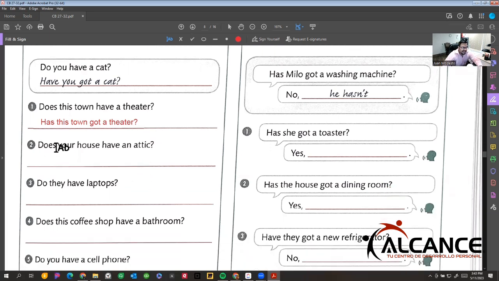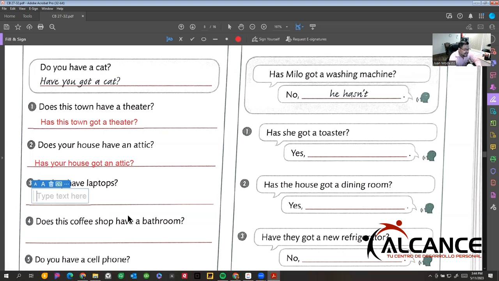For this one is, does your house have an attic? So the way to say it is, has your house got an attic? Got it? So for this one is first person, do they have laptops? So it's do is first person, right?